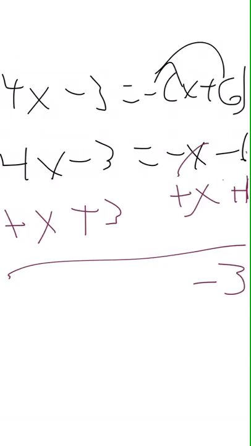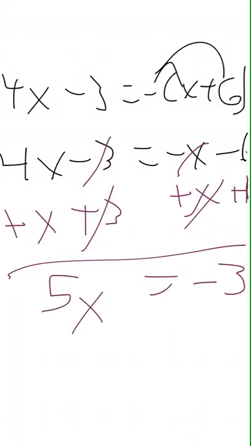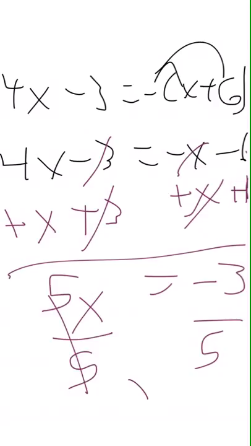The minus x and the plus x cancel out, the minus 3 and the plus 3 cancel out, and the 4x and the x add to 5x. So if you divide by 5, x is equal to negative 3/5. So we can write our solution set using the squiggly brackets, and we always put the lower number on the left, negative 3/5, and then positive 3.